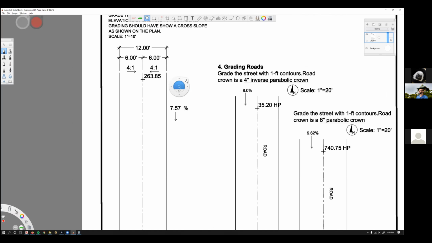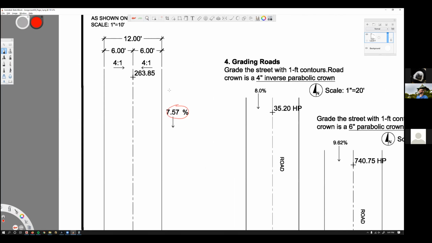So we're already given the slope. We know the cross slope, which we turn 4 to 1. And we do the calculation 1 divided by 4, which gives us 0.25, or 25%. So that's our cross slope, 25%.